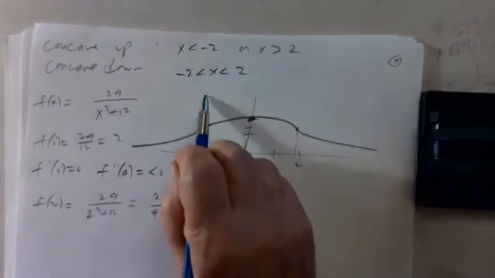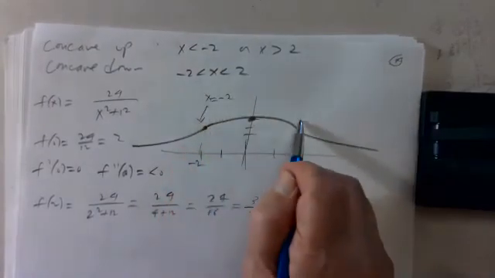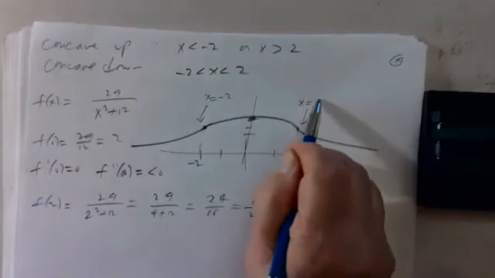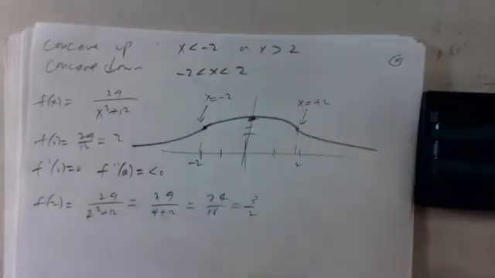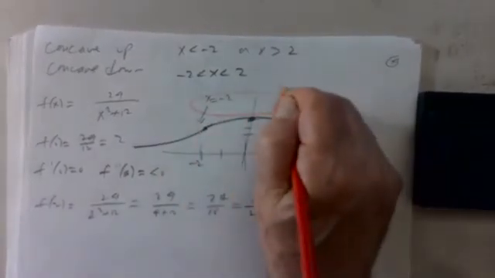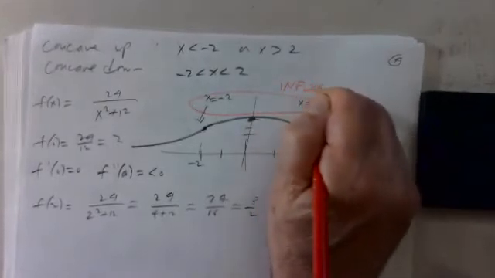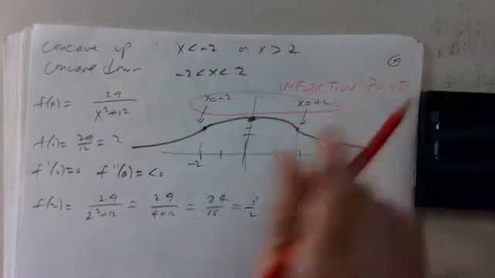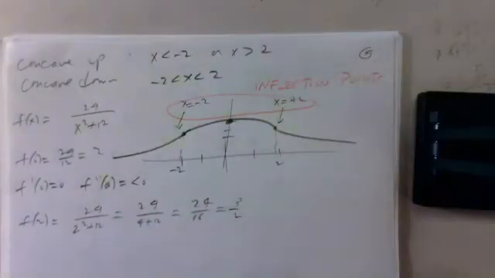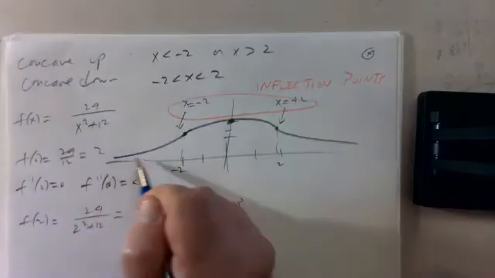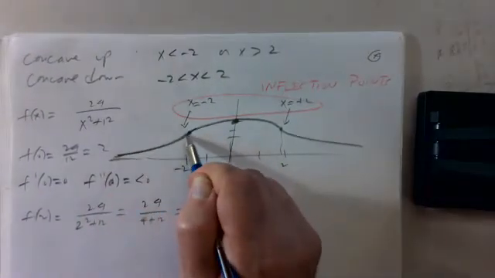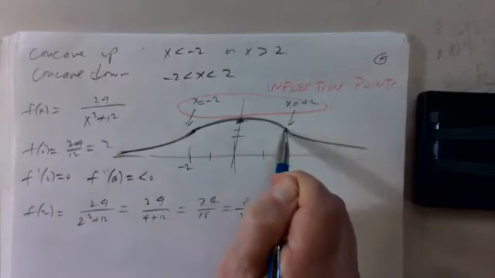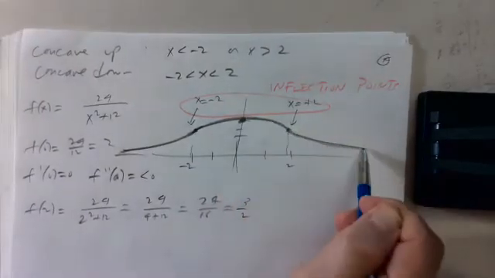And x equal -2 and x equal +2, these are inflection points. Those are the points where the curve changes from concave up, concave down, concave up again.